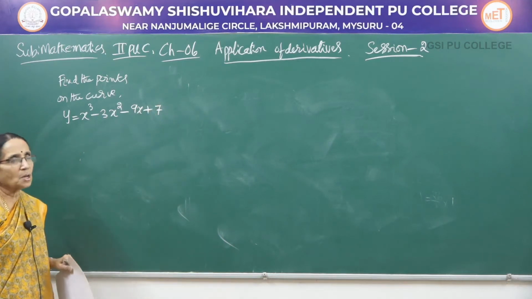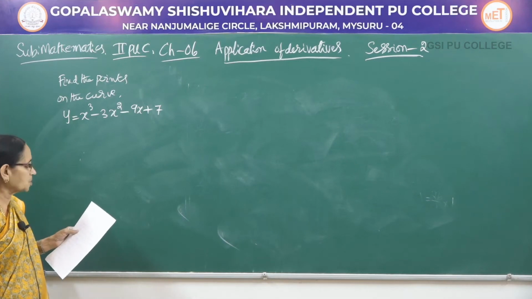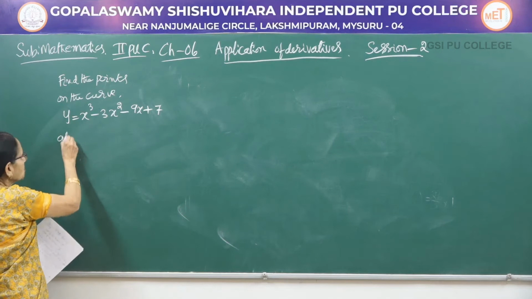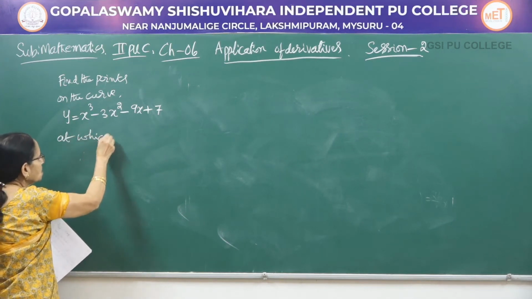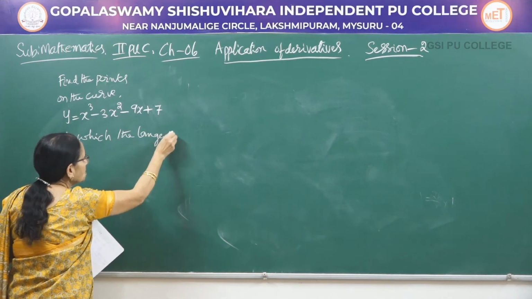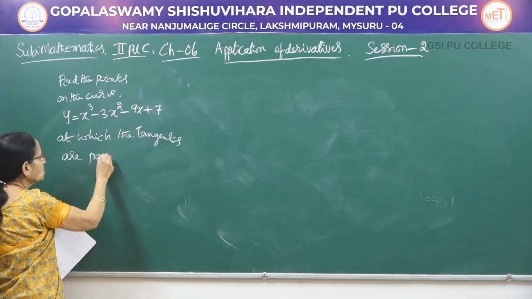So it is a polynomial function. Find the points on the curve y equal to x cube minus 3x square minus 9x plus 7 at which the tangents are parallel to the x-axis.